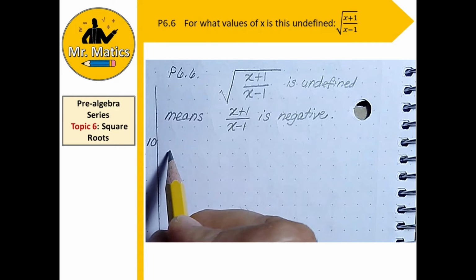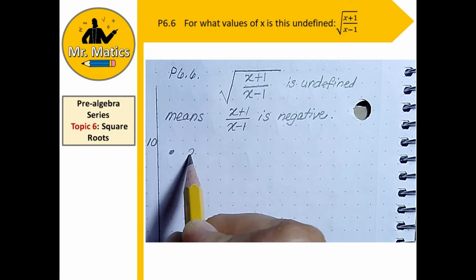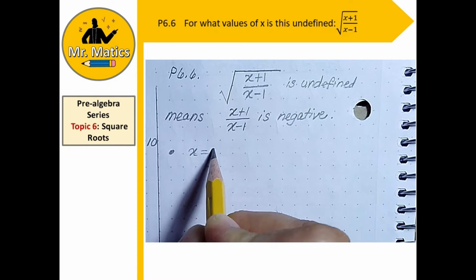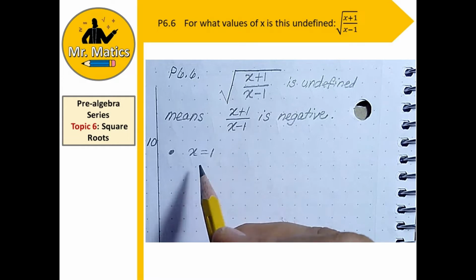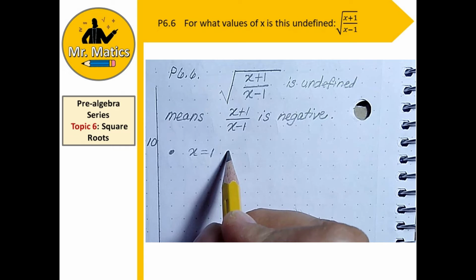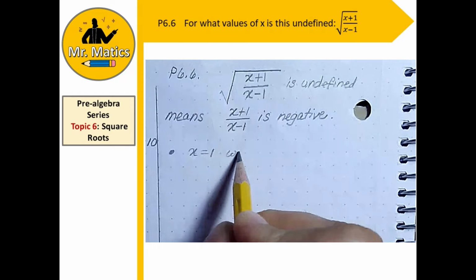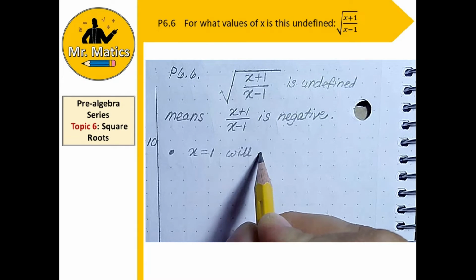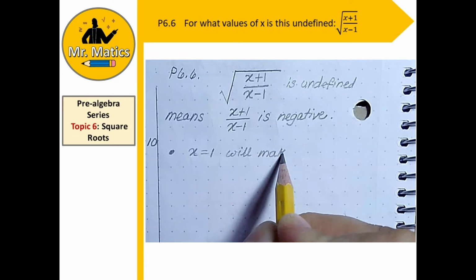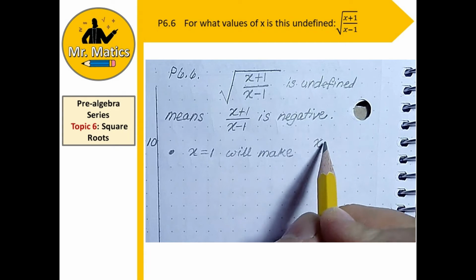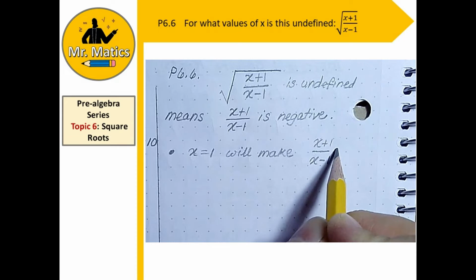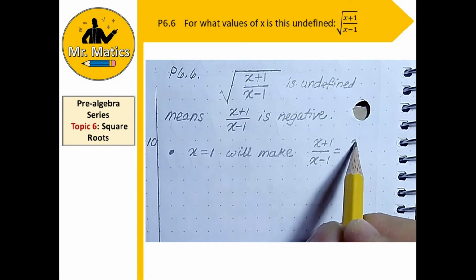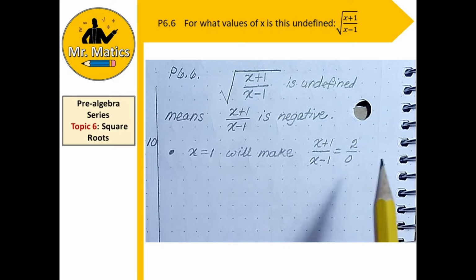So first of all, let's say we find x equals 1, which makes the denominator 0. x minus 1 becomes 0, x becomes 1. That will make x plus 1 by x minus 1 equal to 2 divided by 0, undefined.